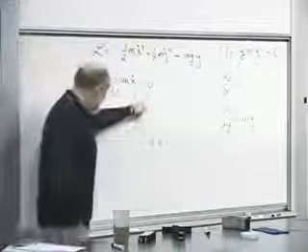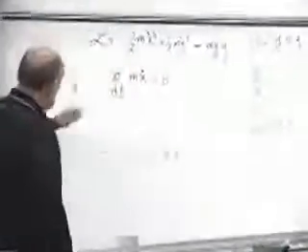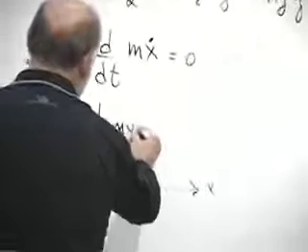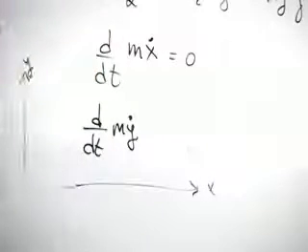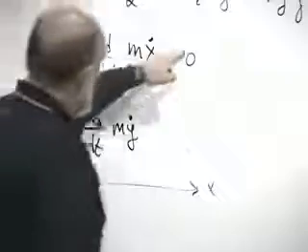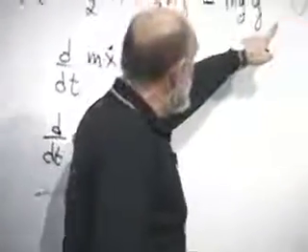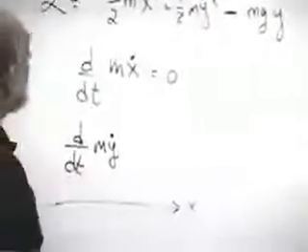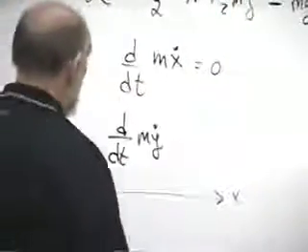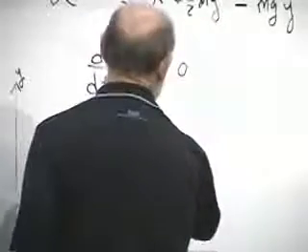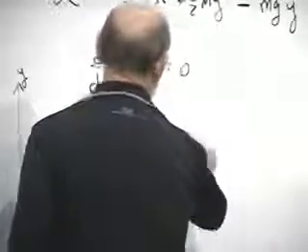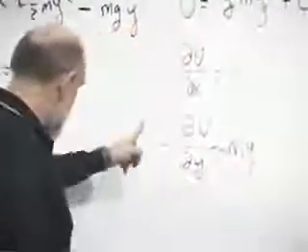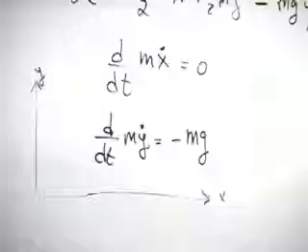So the x component of momentum is conserved, but the y component of momentum, d by dt of m y dot, that's the time derivative of the y component of momentum, is the derivative of minus u with respect to y. So that's equal to minus mg. Minus du by dy is minus mg.